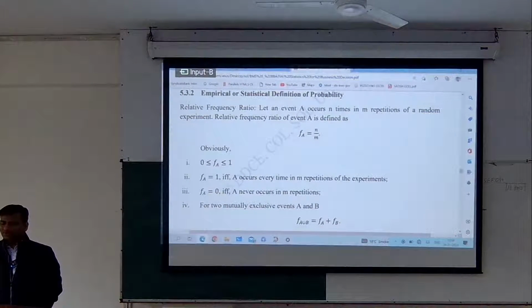So if you have data of something, you can find the respective probability. If you have the frequencies, you can find the probabilities basically.